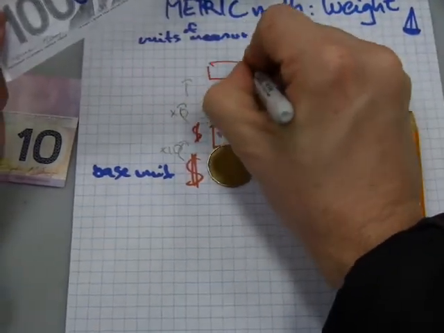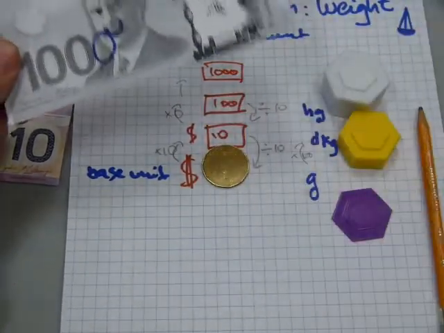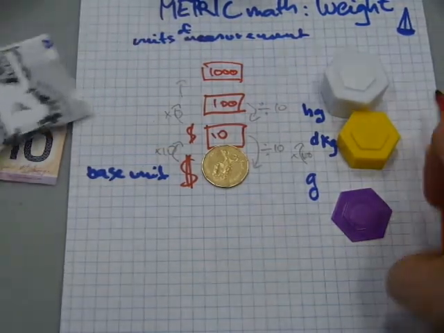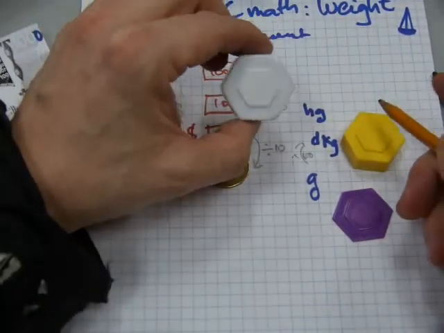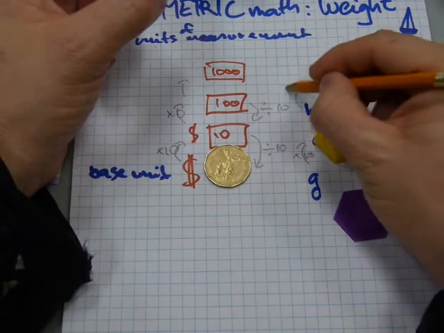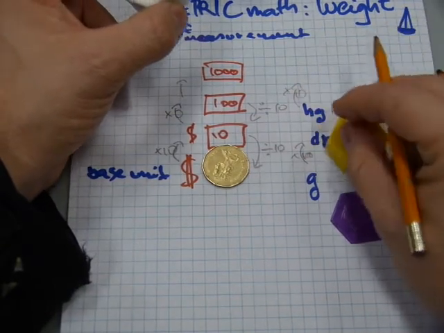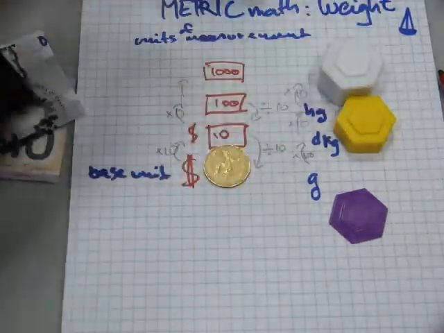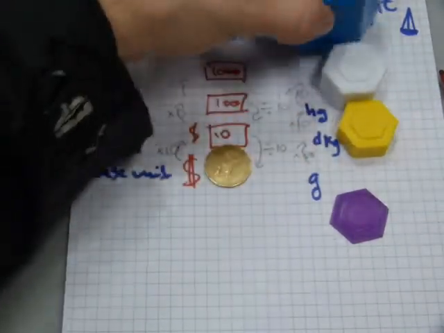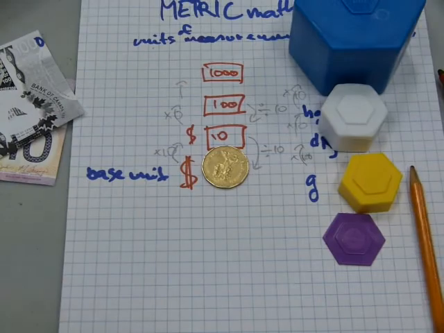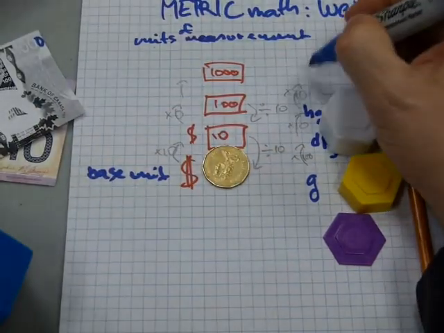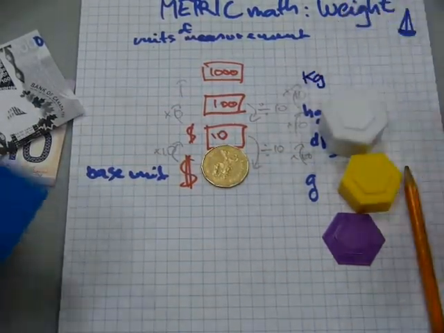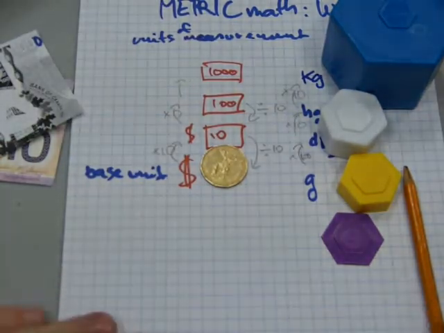So I'm just going to write 1,000 there. And for 10 of these hectograms, when it's multiplied by 10, you're going to get one of these, a kilogram. I'm just going to write kilogram here, and there it is.